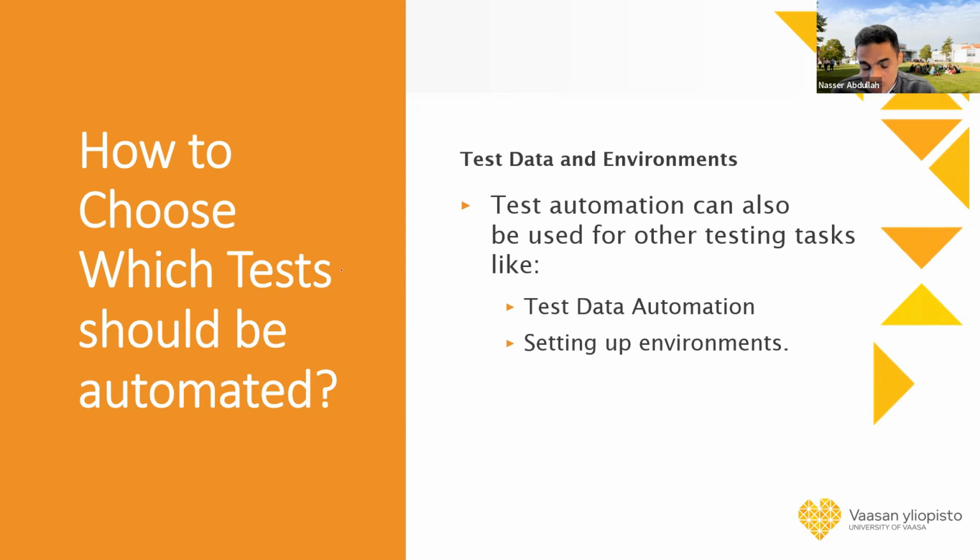You can also automate the test data and environments. Test automation can be used for other tasks, not only executing the test scripts, but also generating the test cases and setting up the environments. For example, if you test your application on many platforms, you can set them up using other applications, not only executing the test cases.